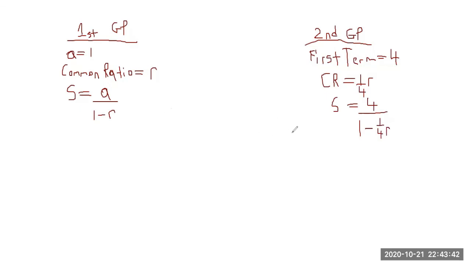Now both s's are equal. They said that the sum to infinity of the first GP is equal to the sum to infinity of the second GP. So we can combine these two. We plug them together, and what we're getting is a over 1 minus r, and in this case, a is 1.